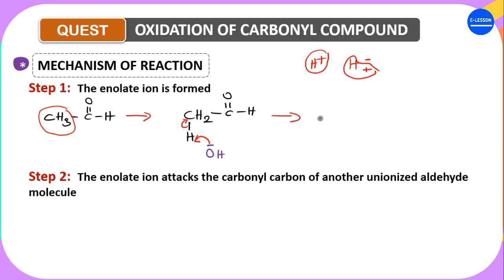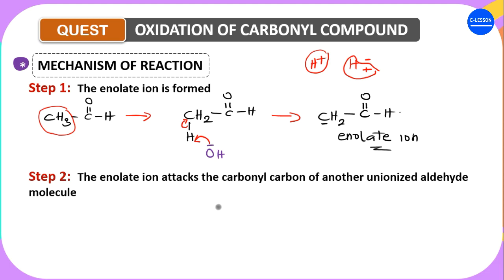The product will be CH2 negative, and then we have C double bond O, and then H. This product here is what is called the enolate. Is that understood? This product here is what is called the enolate ion.